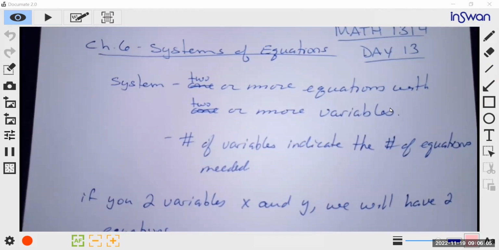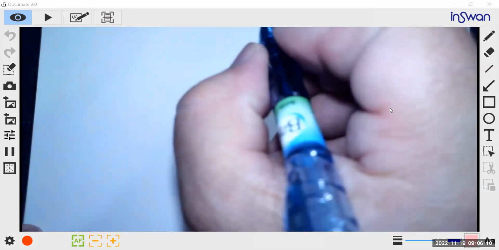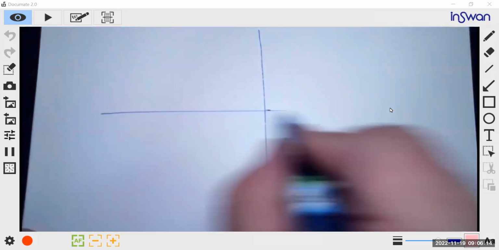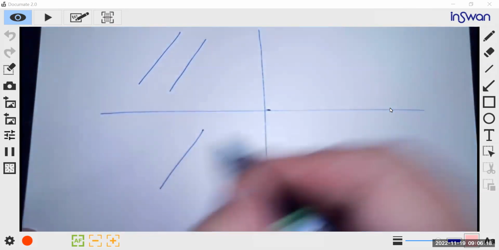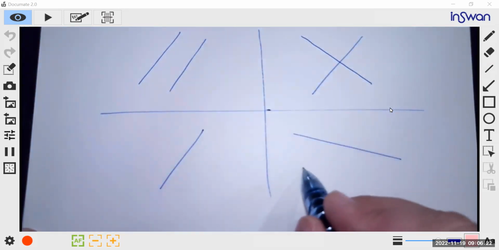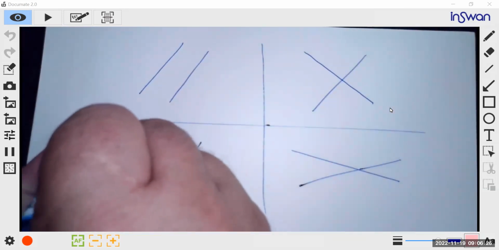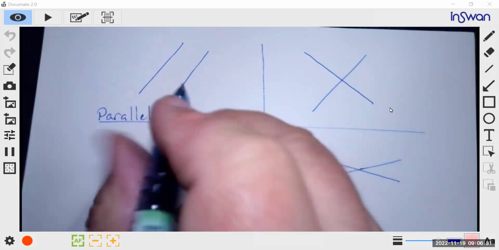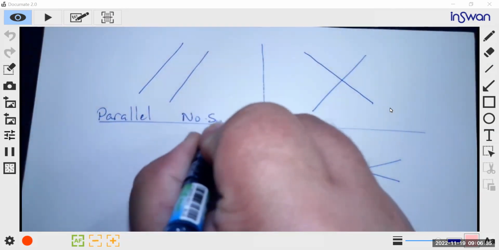We've looked at this earlier in the semester. If you have two lines, then only three possibilities can occur. The parallel lines have no solutions.